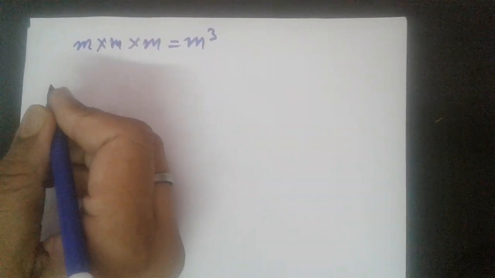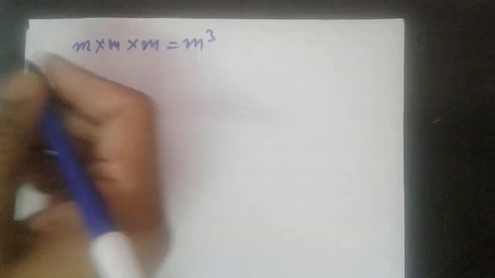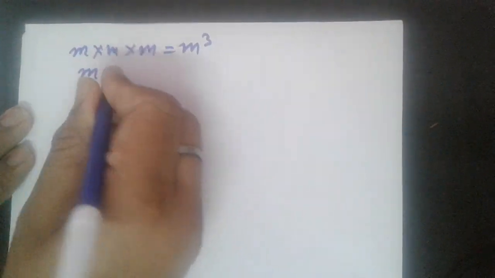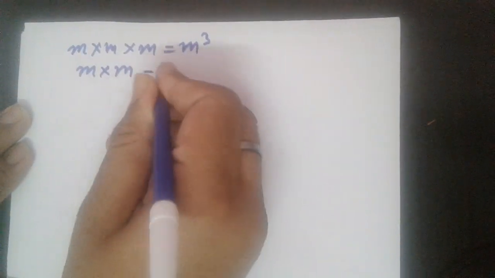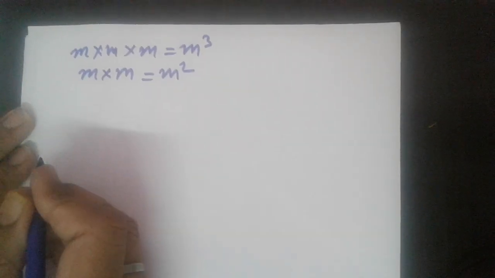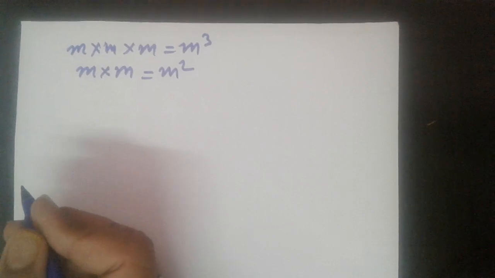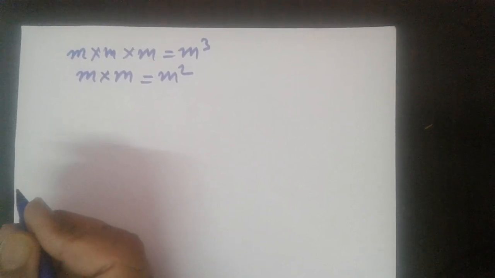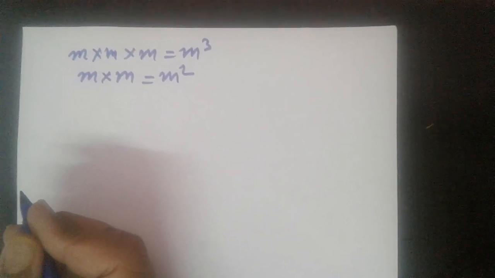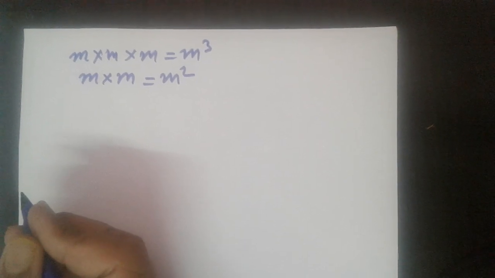Since area is two-dimensional, so we multiply meter 2 times. Meter into meter equals to meter square. Unit of area and volume are derived units because these are formed from meter. So meter is a base unit.